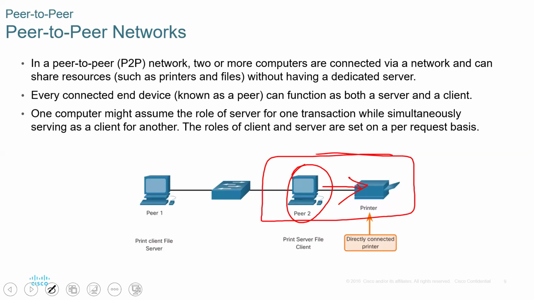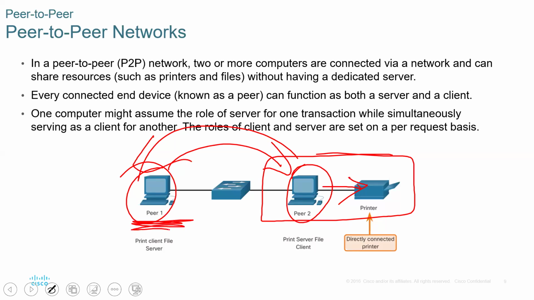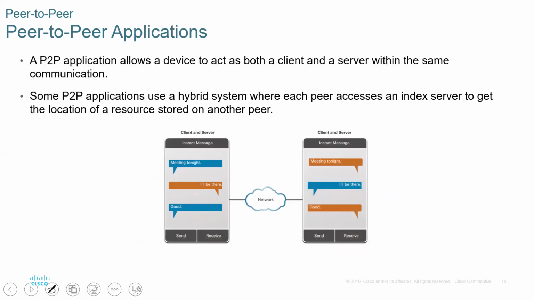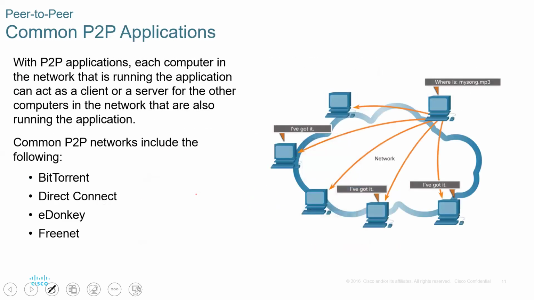While this one can be set up as a file server. Now, if you are having a peer-to-peer connection between these two, this system can serve as a file server to this one, and this one can serve as a print server to this one. So that is how they work, okay?